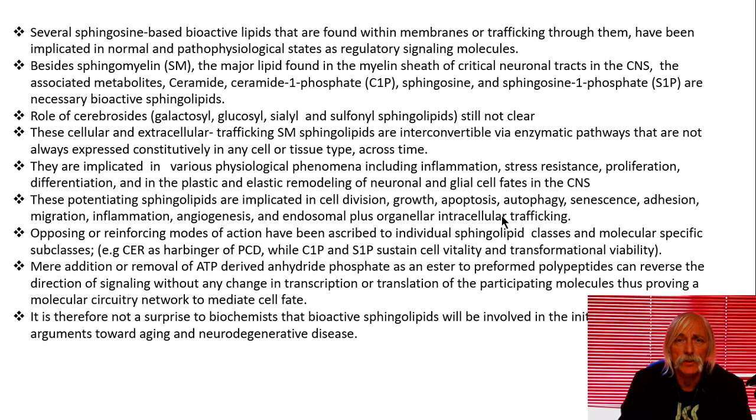Anyways, going back to the sphingomyelin-derived, those cellular and extracellular trafficking sphingolipids are interconvertible via enzymatic pathways that are not always expressed constitutively in any cell, tissue type, or across time. So you can't simply say that a given sphingolipid plays a role in Alzheimer's disease. You have to see whether it's in this particular tissue type, cell type, and when it's occurring and how it's occurring.